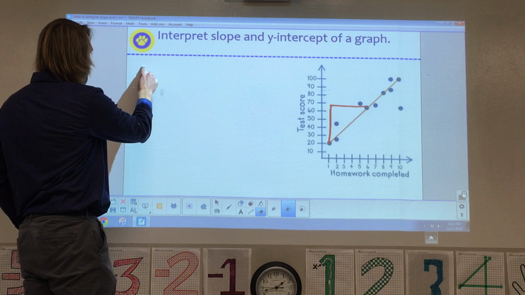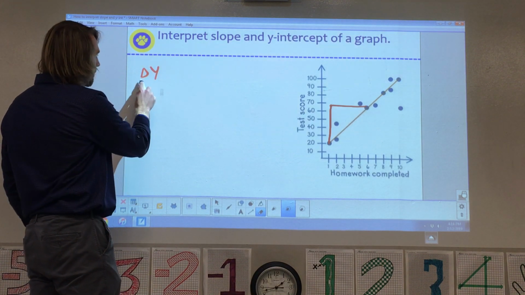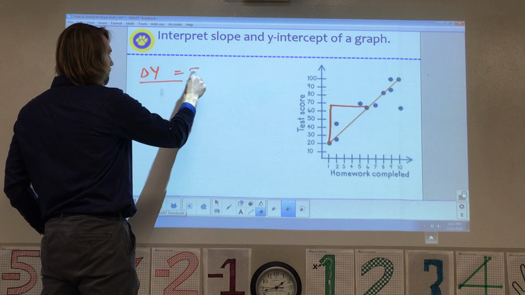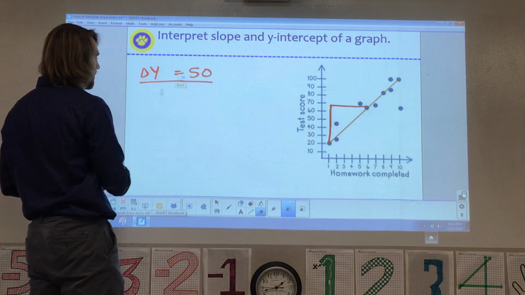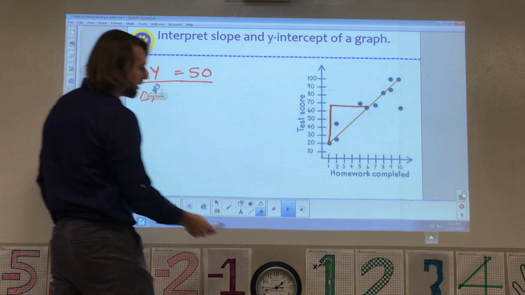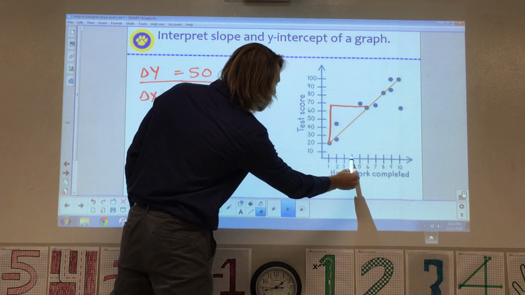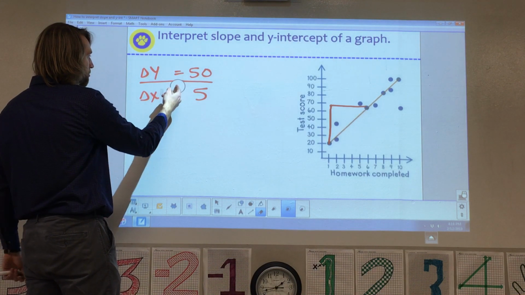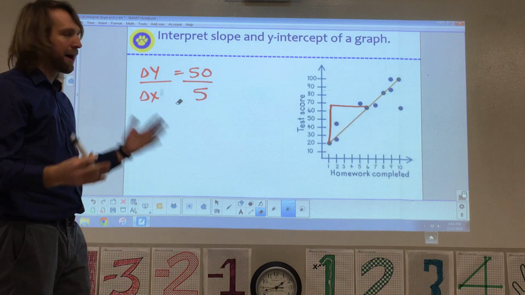So I'm going to say that the change in y on my slope is about 50. And the change in x going over is by 1, so it's 1, 2, 3, 4, 5 over, so we've got 50 over 5. So my slope is about 10.